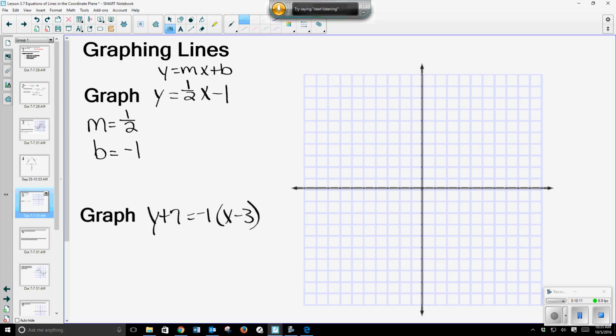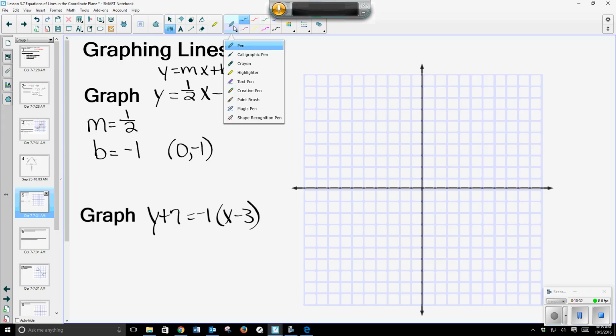In point form, that would be (0, -1). So if you go to (0, -1), that's your first point. Go left or right 0, down 1, so you're at -1 on the y-axis.